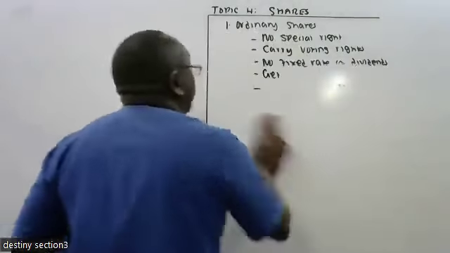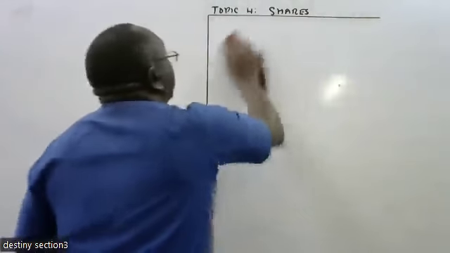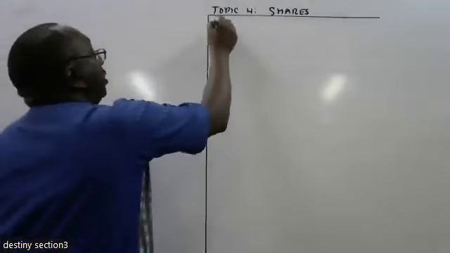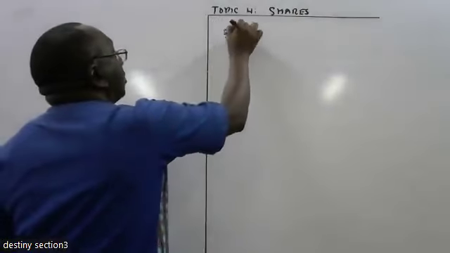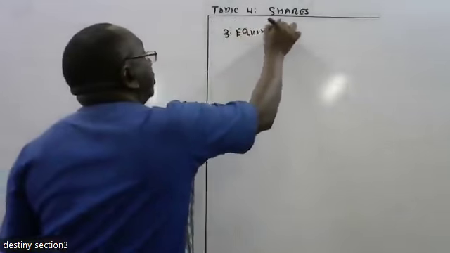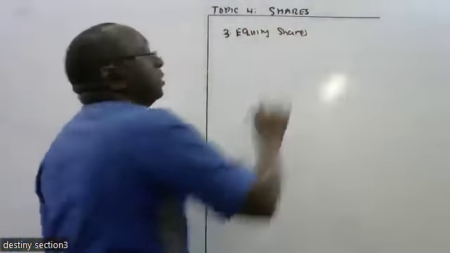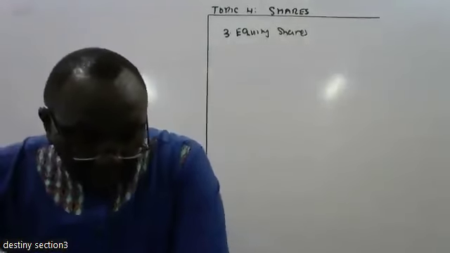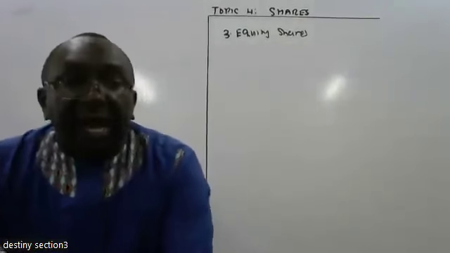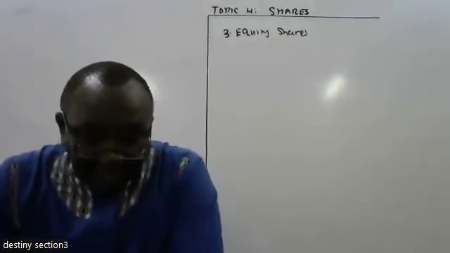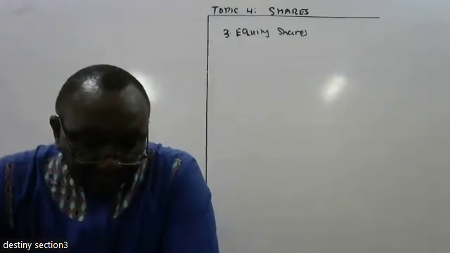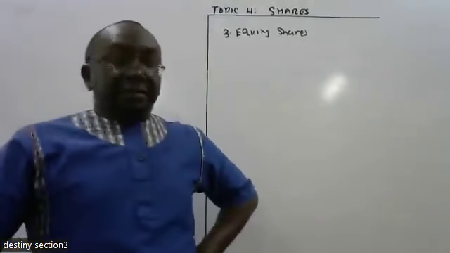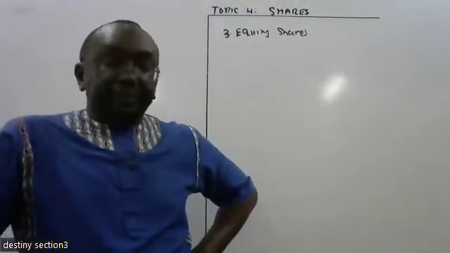Let's go to number 3 now. We are looking at classification of shares. Number 3, they are called equity shares. And write that these are all other shares except the preference shares.